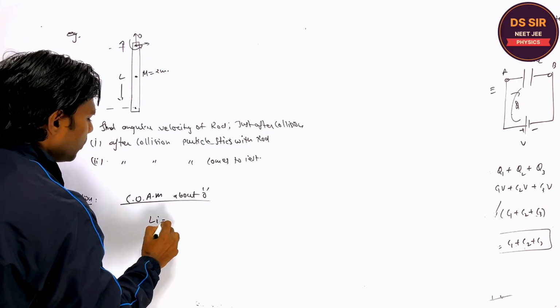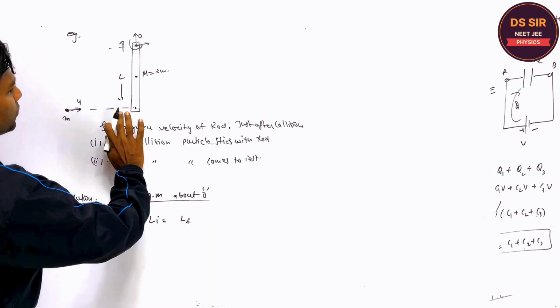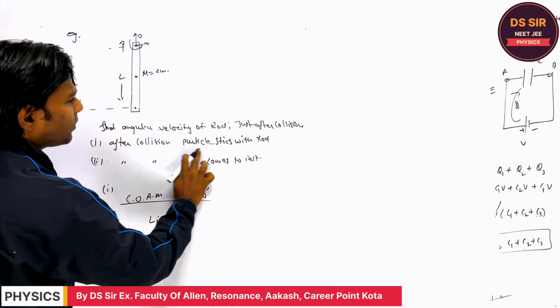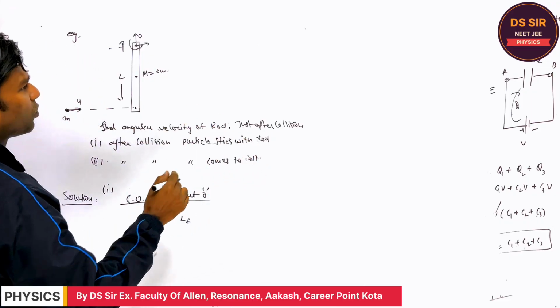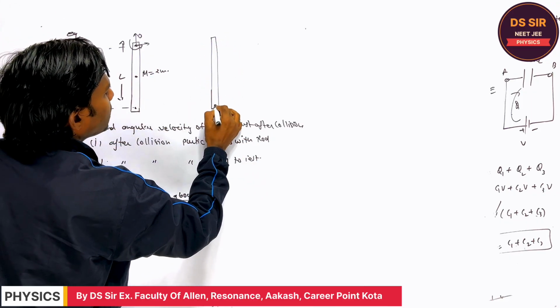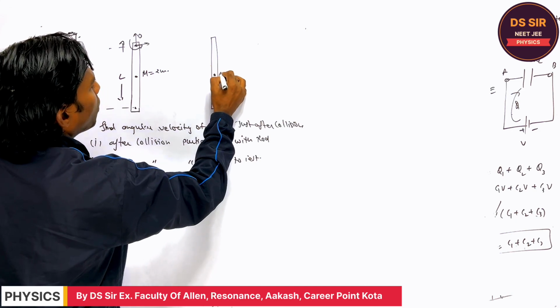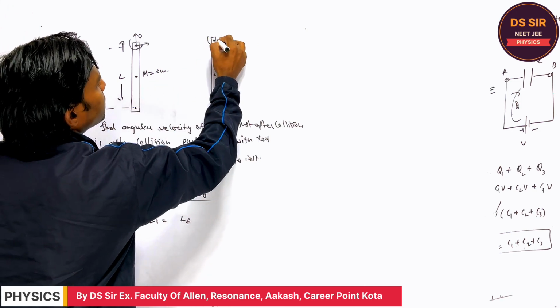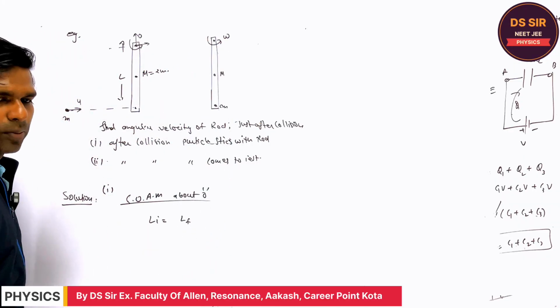So initial angular momentum and final angular momentum after collision. In the first case, after collision the particle sticks with the rod. This is the particle of mass m and this is the rod of mass capital M, equal to 2m, and it starts rotating with angular velocity omega.